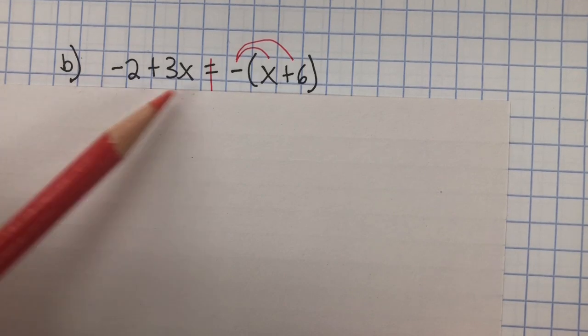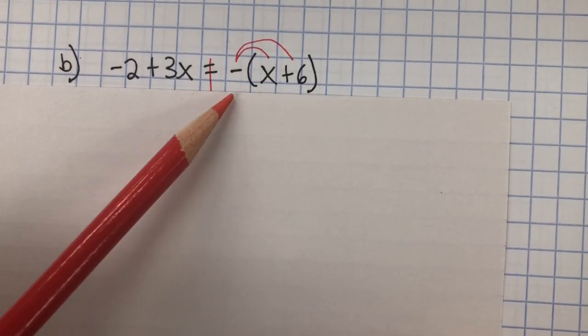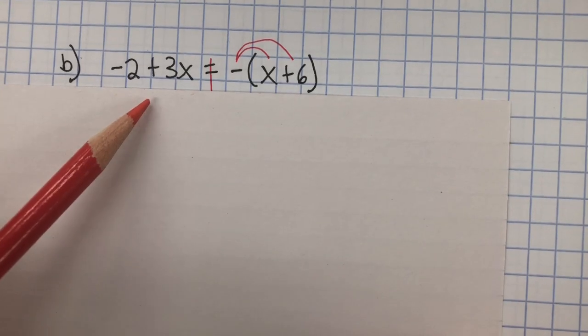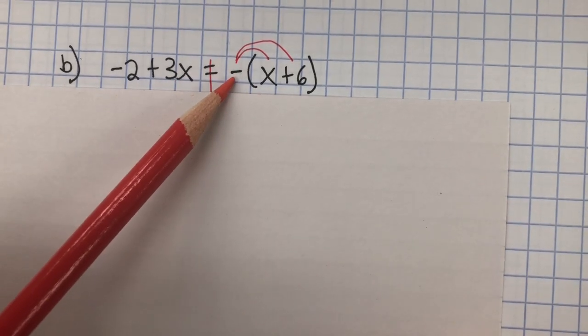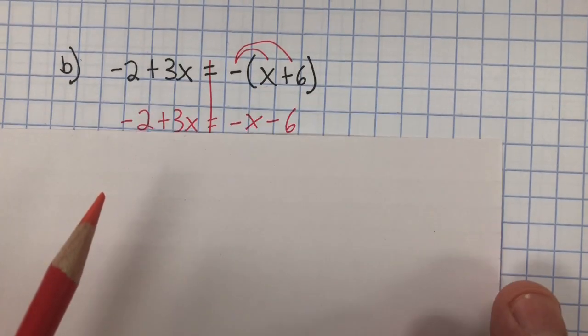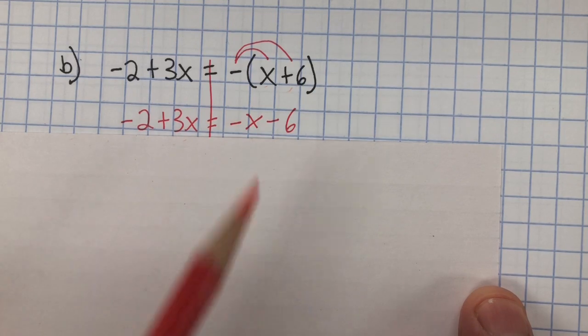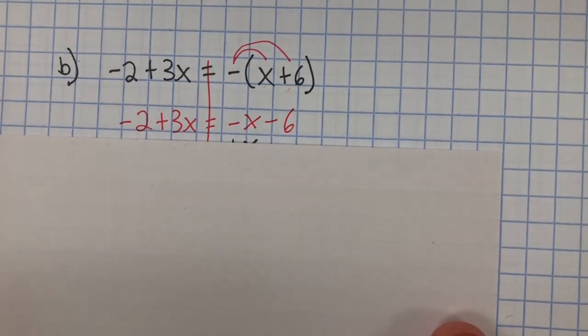For problem B, we need to do the distributive property first before we can solve the equation. So the opposite of a positive x is negative x. The opposite of positive 6 is negative 6.